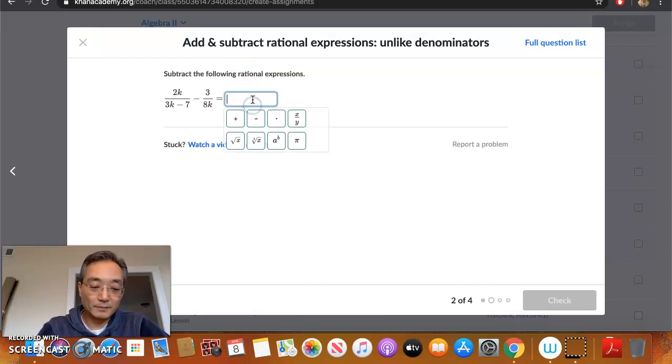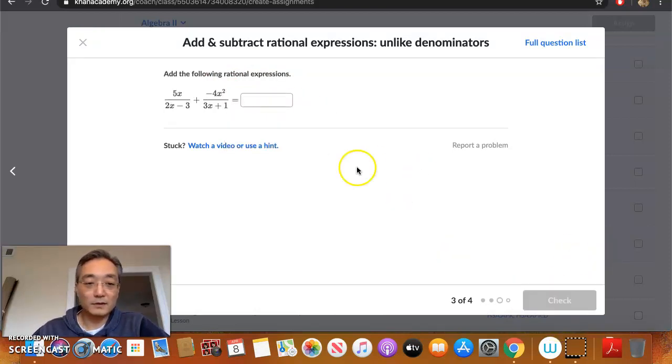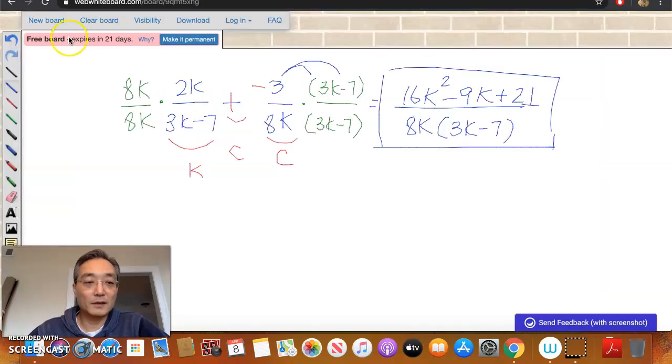Again, just to save time, I am just going to move on. All right, and again, same idea here. We have binomial factors. So clearly we're going to have two binomials in our LCD. So let's do that.